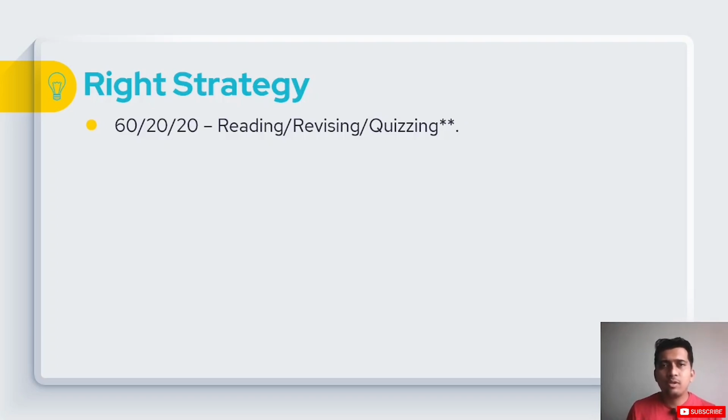Our motto is to develop the ability to think on the spot with the content we have read or the knowledge we have. So please don't fall for this trap of giving the quiz again and again. If we have 10 quizzes, give quiz 1, 2, 3, 4, and don't just keep on repeating one quiz again and again till the time you memorize it. That's not the way. Have some gap in giving the same quiz again, so that you have not memorized it.